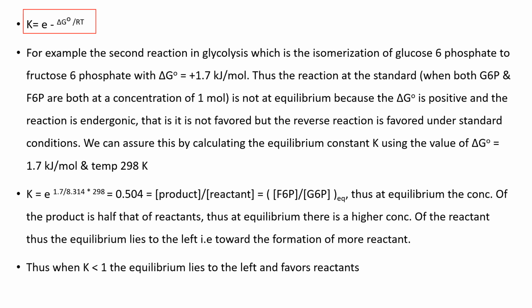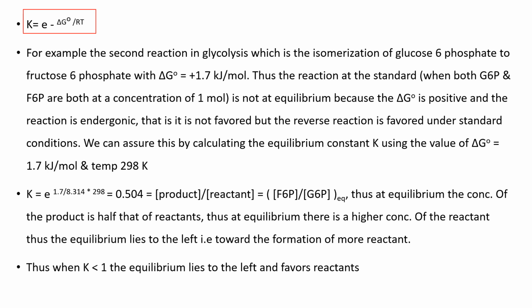We can assure this by calculating the equilibrium constant using the value of delta G node and using the equation at the top. By substituting in this equation, we will find that K will equal 0.57. So this will equal the concentration of the product divided by the concentration of the reactant. So this means that the product is half the concentration of the reactant at equilibrium.